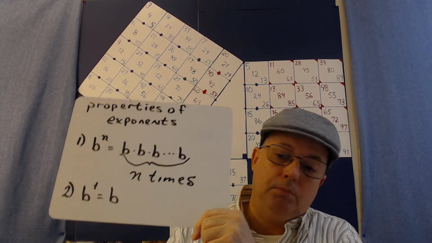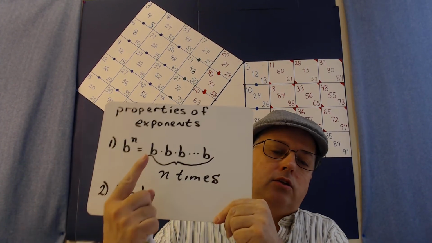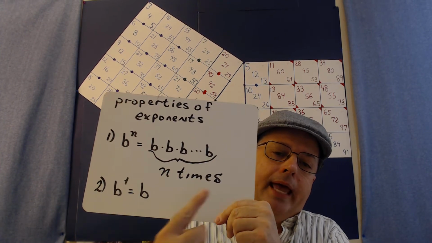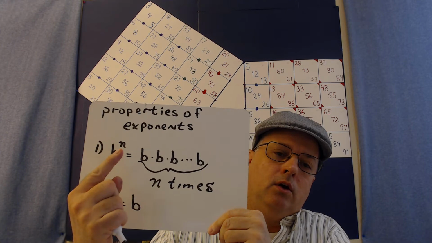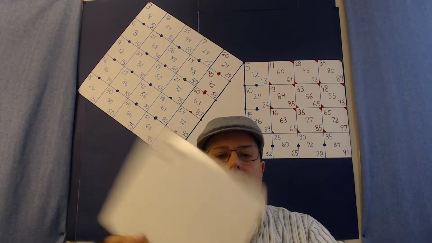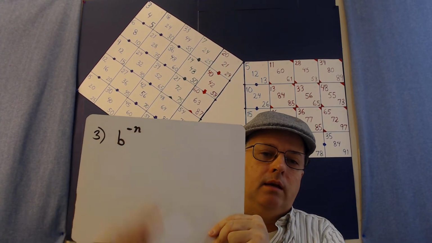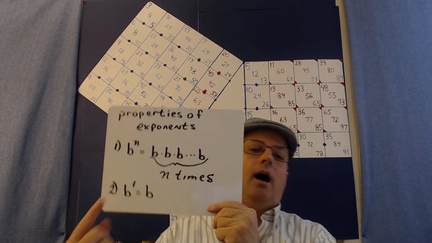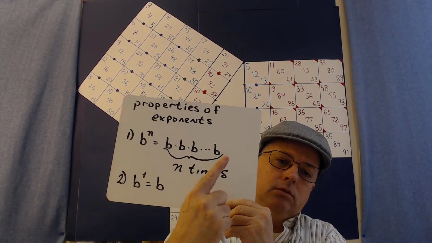With that in mind, b to the first is b. Now, if b to the n is telling us to multiply b by itself n times, then we can have the opposite of n. So b to the opposite of n would tell us to do the opposite of multiplication.